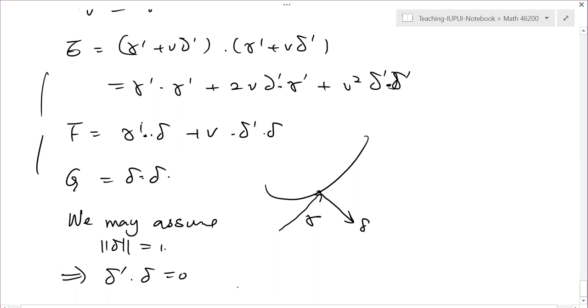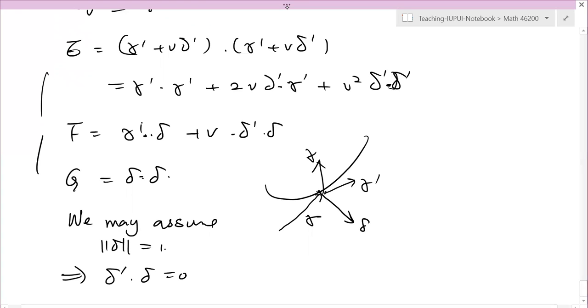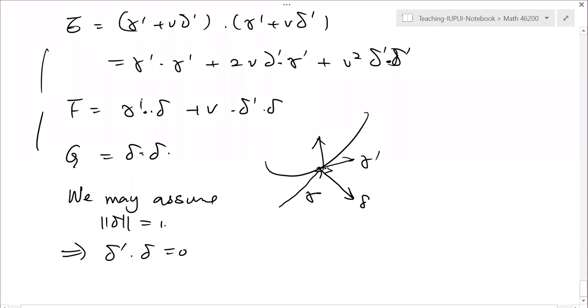I also have to assume that this delta is a normal vector, and this is gamma prime. So you may assume that this is perpendicular to delta. Let's first assume that delta is a normal vector to the curve.